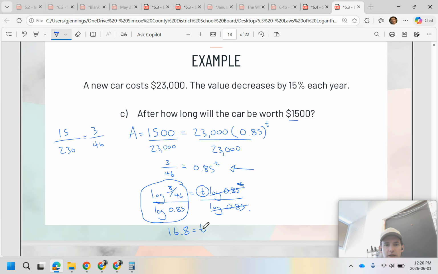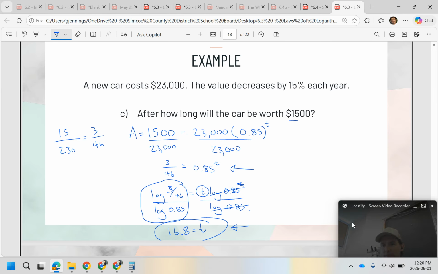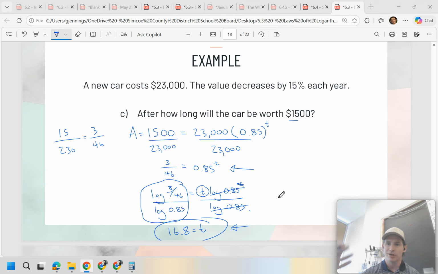16.8 equals time. And that's a very good approximate value, because we're talking about when this car is going to be worth about $1,500. You need about 17 years.